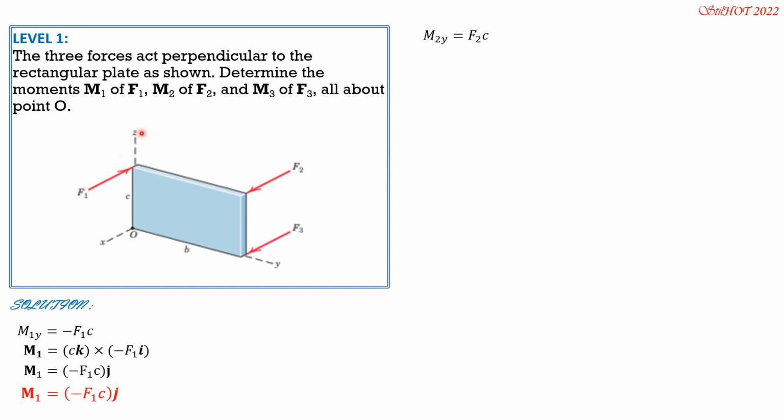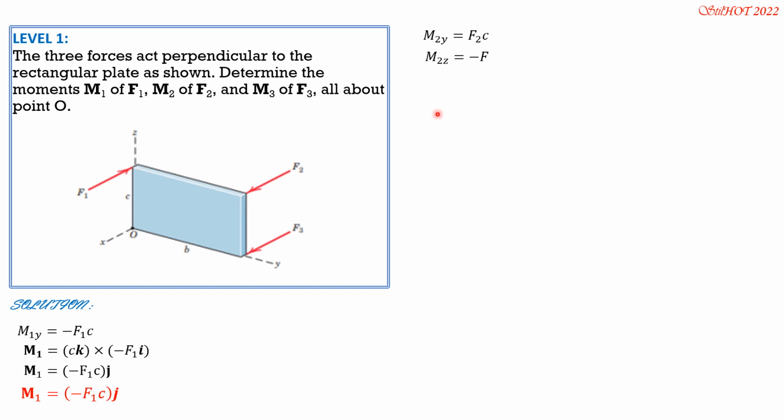Then about the z-axis, your right thumb should be here, then this is the curling of your forefingers. This is the positive sense of moment about OZ due to F2, but F2 is opposite. So therefore, M2Z is negative F2 times B.